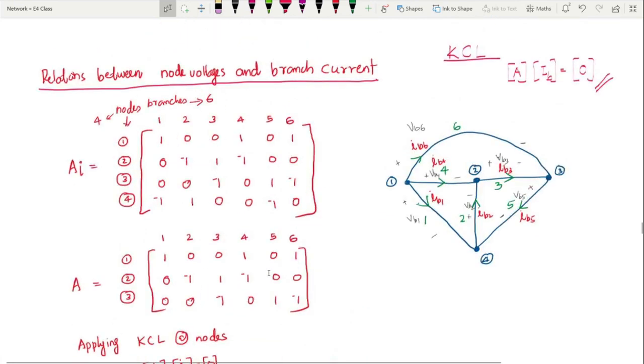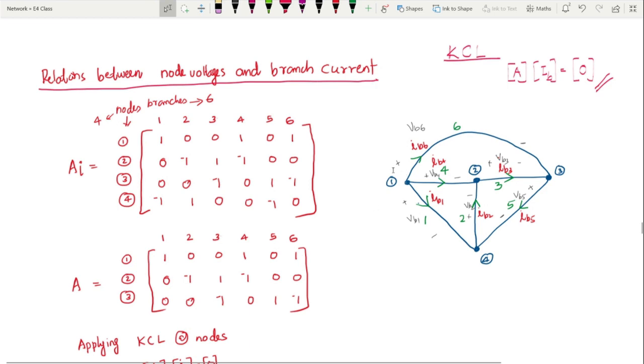Now, here we can see node voltages and branch voltages are there. The branch voltages have their polarity represented by the current direction. As current flows from higher potential to lower potential, this point should be higher compared to that point. Likewise, I mark all the branch voltages.